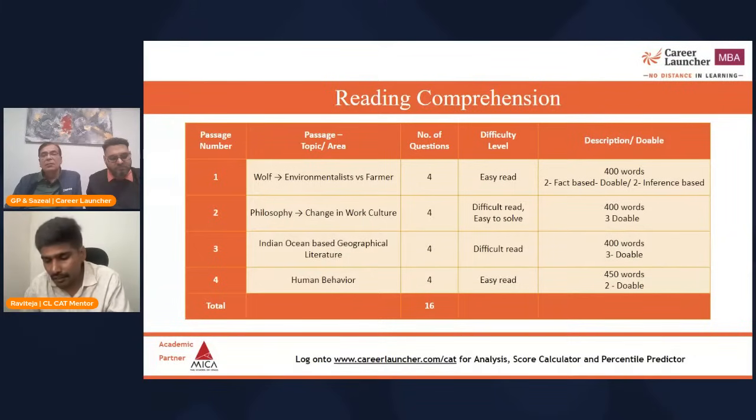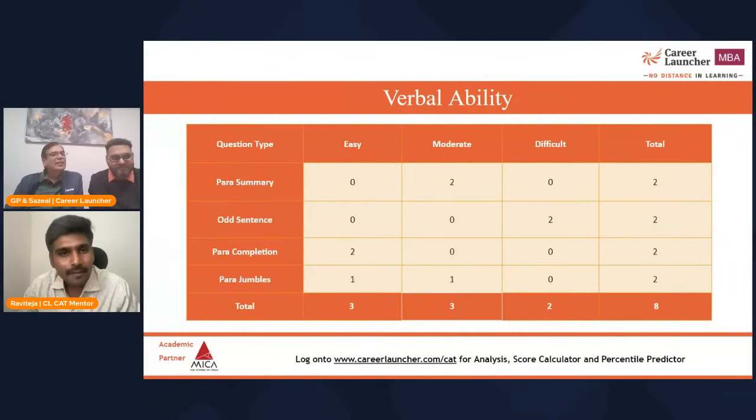While I was reading the last paragraph, GP, I was reminded of you because the author said that the basis of the arguments by these people is absolutely nonsensical. These words were used, so I felt good reading that. It was also an enlightening passage, I would say, but yes, there were about 2 to 3 questions which were doable in this also. Okay.